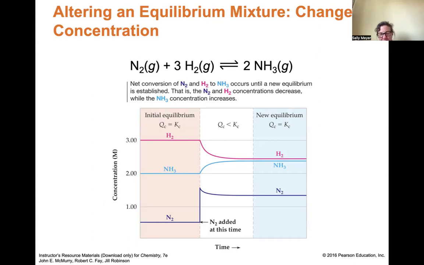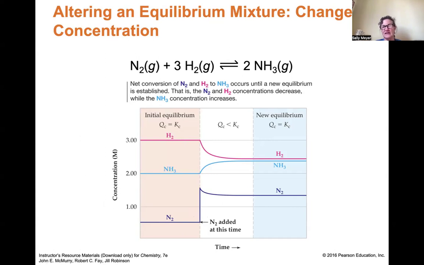So this shows you after the pink region that we are going to stress it by adding some N2. And when we add the N2, what has to happen? In the pink region, the reaction's at equilibrium. All those concentrations are constant. When we add the N2, now the reaction wants to relieve the stress. So it wants to get rid of some of that N2.